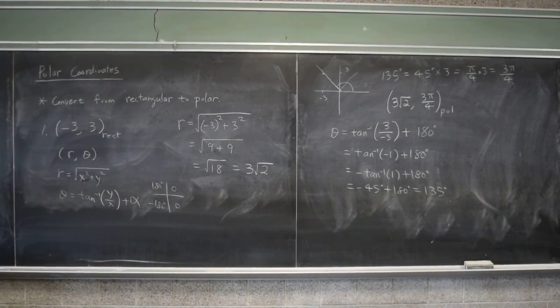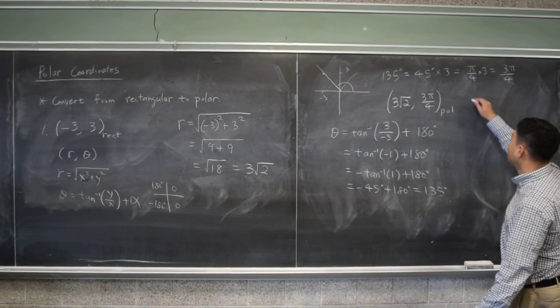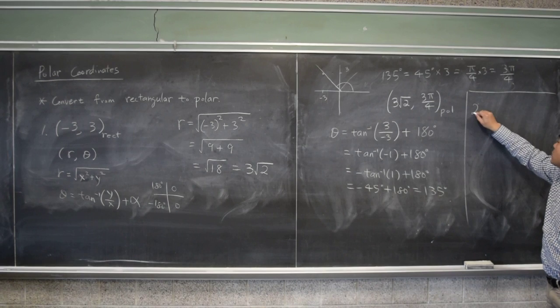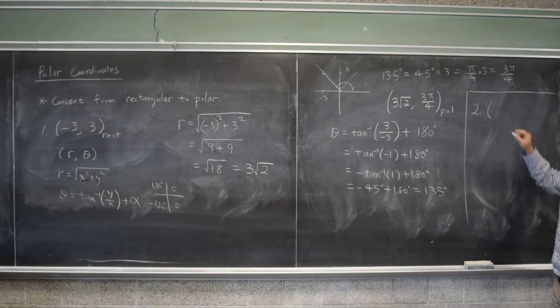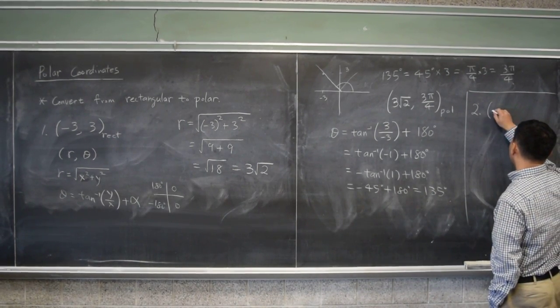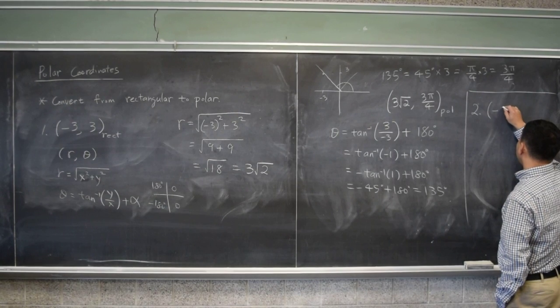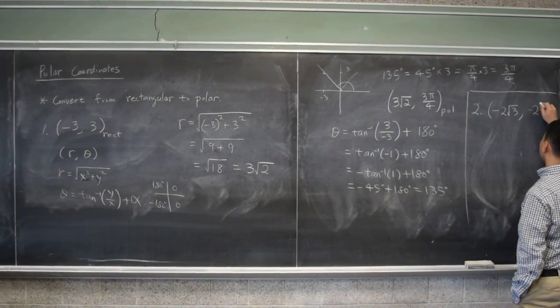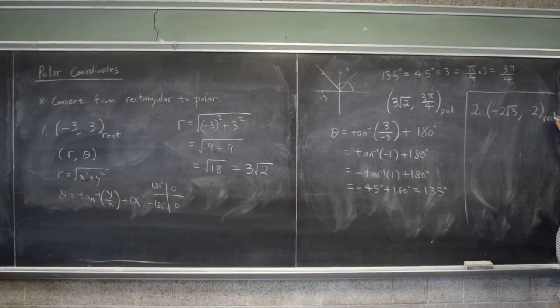Okay. All right, let me do a second question. What if we asked for number 2, say, negative 2 radical 3, comma negative 2, rectangular. How would we change this to polar?